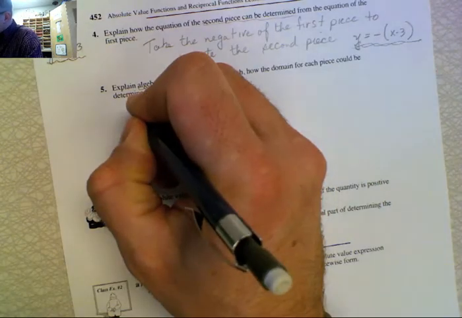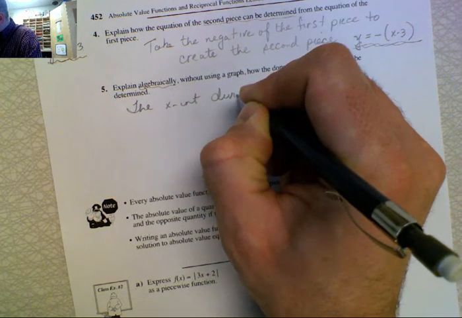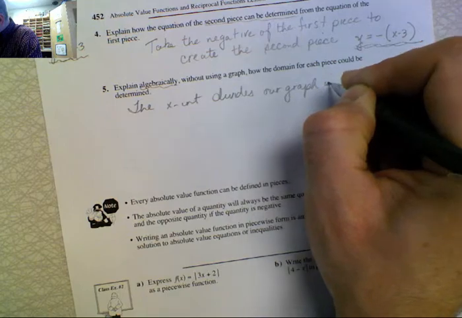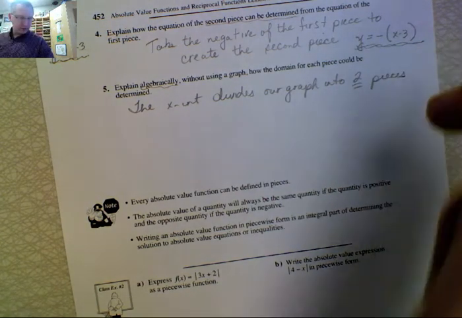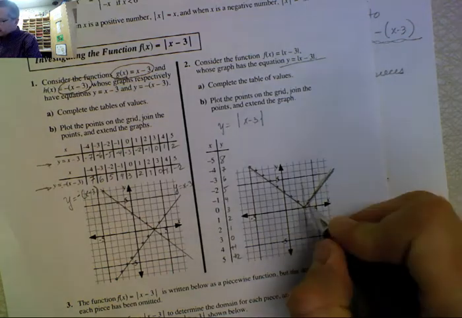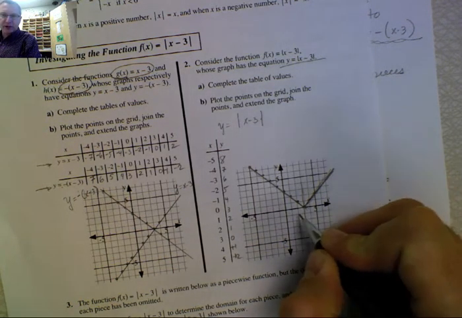Well, basically, the x-intercept divides our graph into two pieces. So if we go back to the graph that we have, and I talked about this a little bit, this x-intercept here divides our graph into two pieces, a right portion and a left portion.